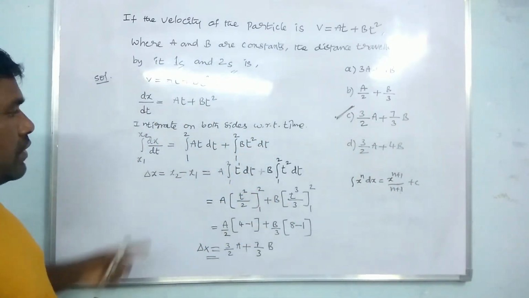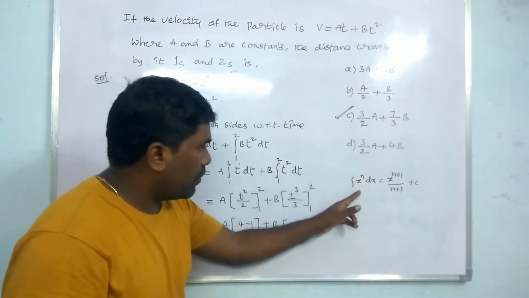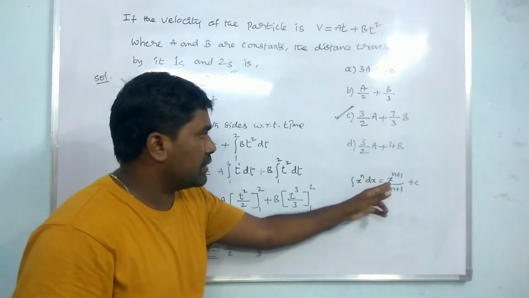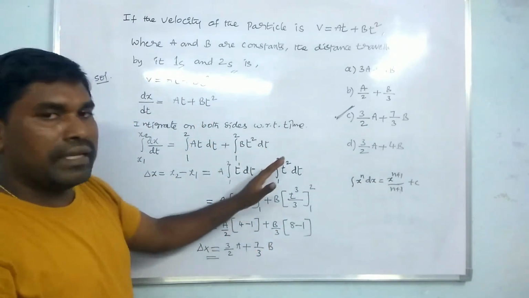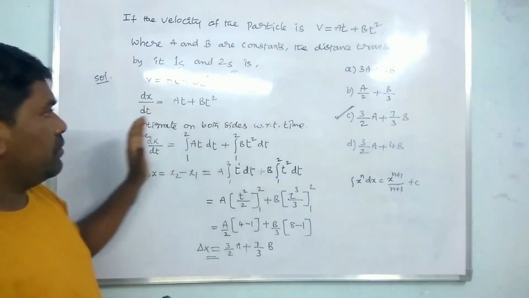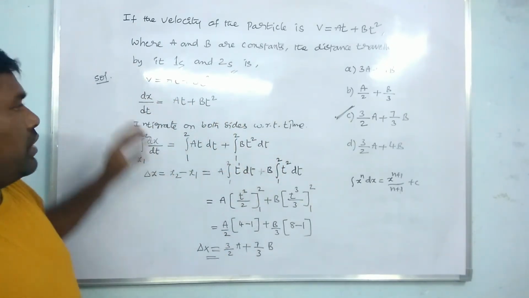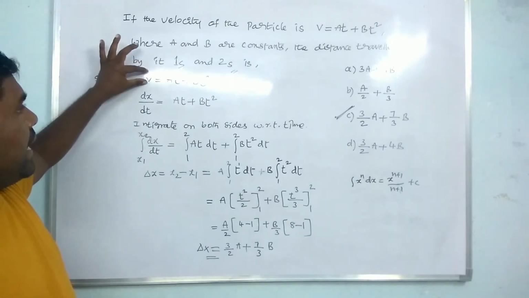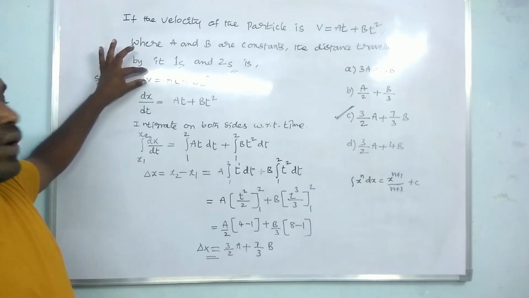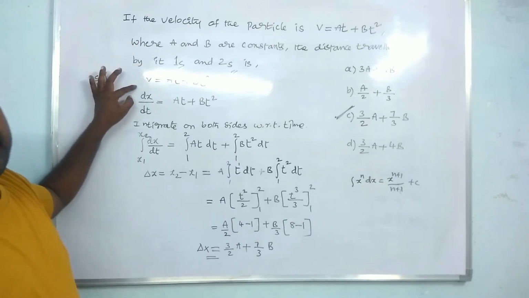Right, I understand. You just have to remember the formula: integral of x power n dx is equal to x power n plus 1 by n plus 1. Clear? This is very simple, just integrate on both sides. If velocity is given, you find the distance. If there is an acceleration, you find the velocity, so we write dv by dt.